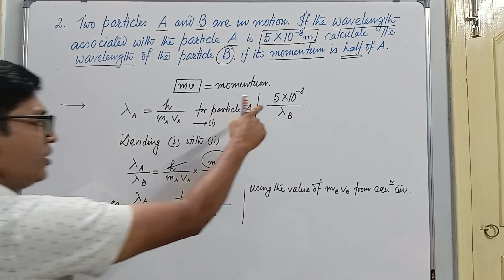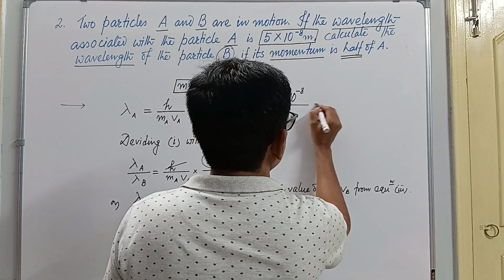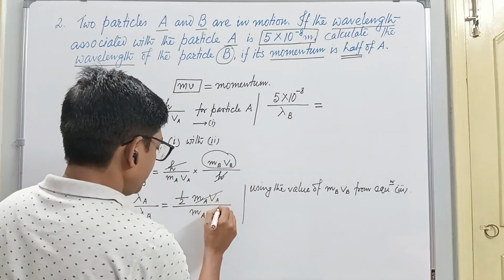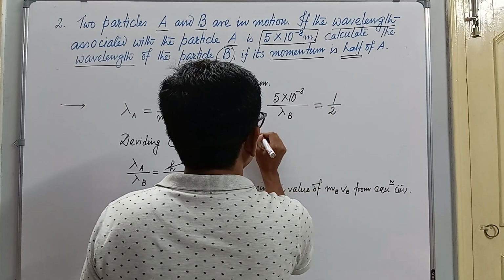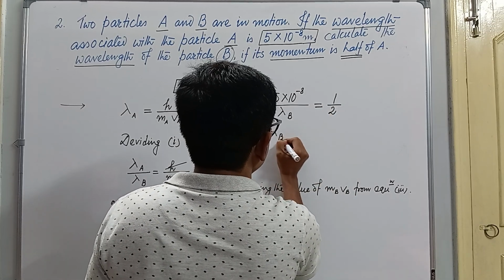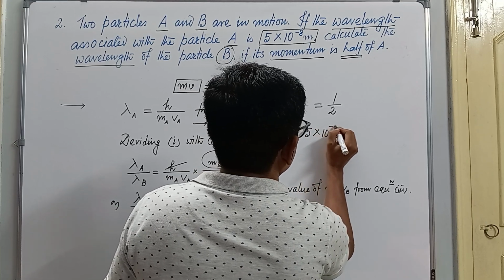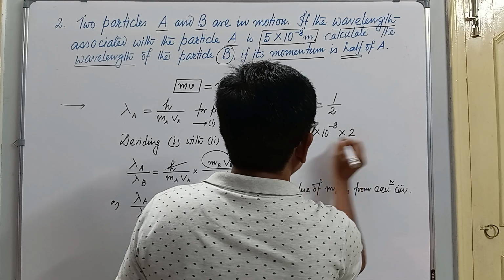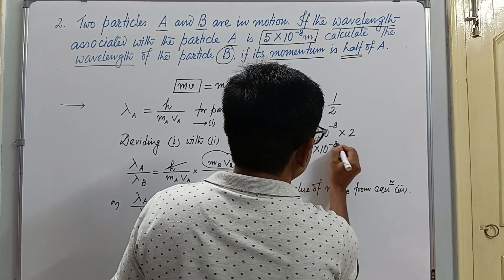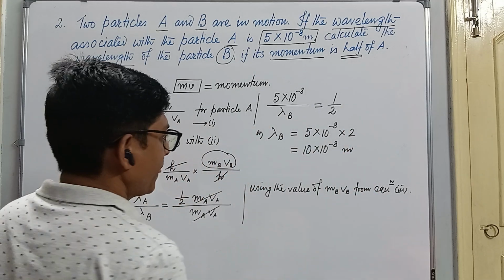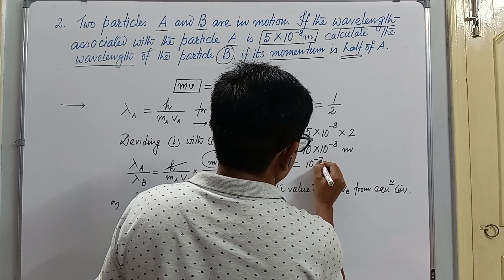Now this will be crossed out, so here it will be half. So lambda B will be 5 into 10 to the power minus 8 into 2, which is equal to 10 into 10 to the power minus 8. The unit will be meter. Or if you want, you can write it as 10 to the power minus 7 meter.